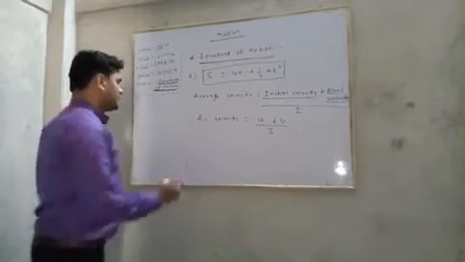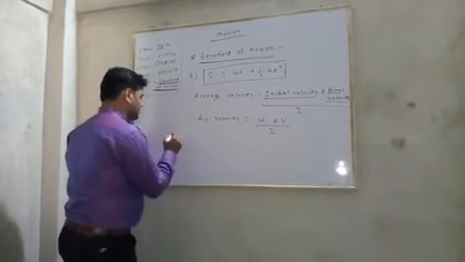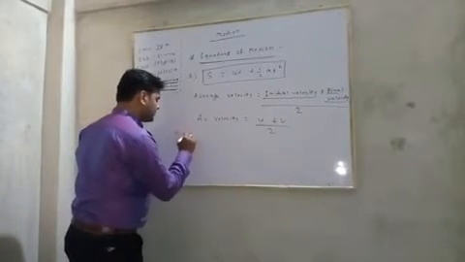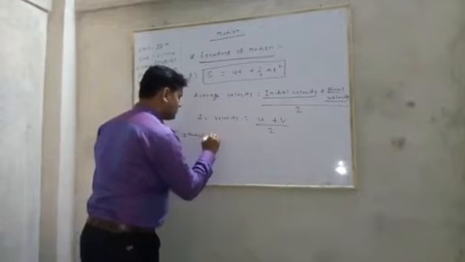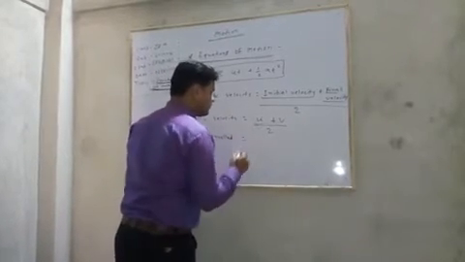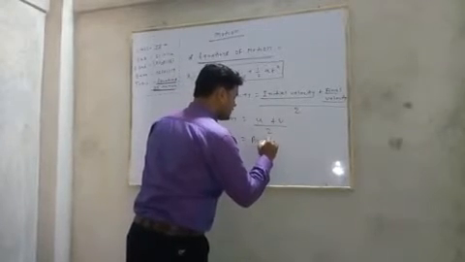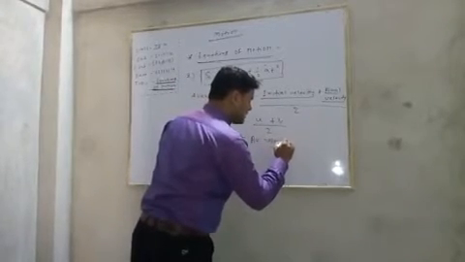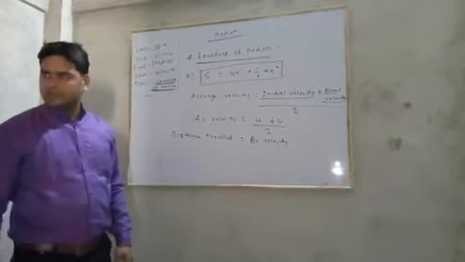Understand? So distance traveled is equal to average velocity into time taken. Here velocity is in terms of average velocity. Yes, sir.